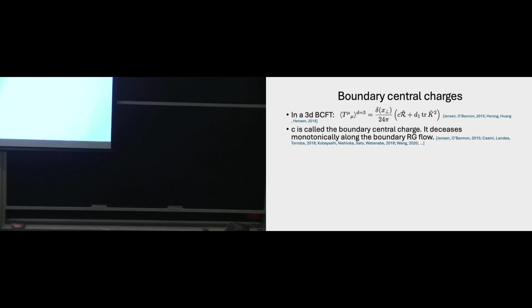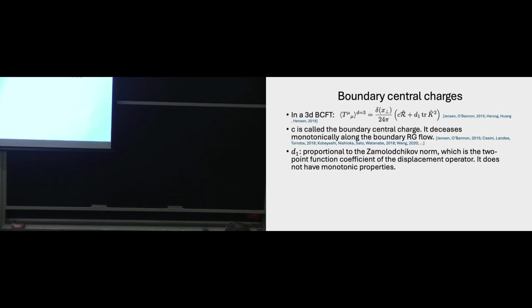It decreases monotonically along the boundary RG flow. D1 is not monotonic. It's proportional to the homological norm, which is the two-point function coefficient of the displacement operator. The displacement operator has a canonical definition, so its two-point coefficient is physical.